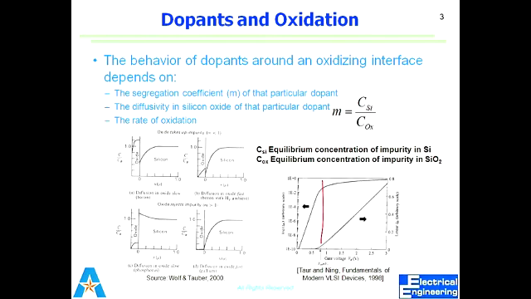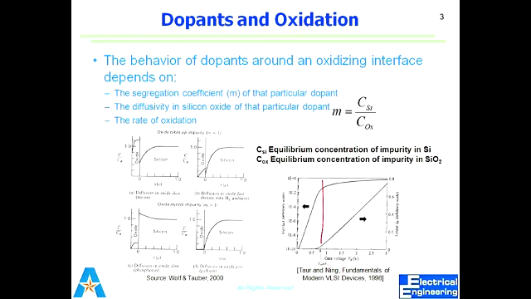In that case, just think that when 0.02 micrometer cube of silicon is consumed, 0.04 micrometer cube of silicon dioxide is generated. Because 2 times the volume of silicon dioxide is generated, it needs 2 times that impurity or dopant concentration as compared to what was in silicon.